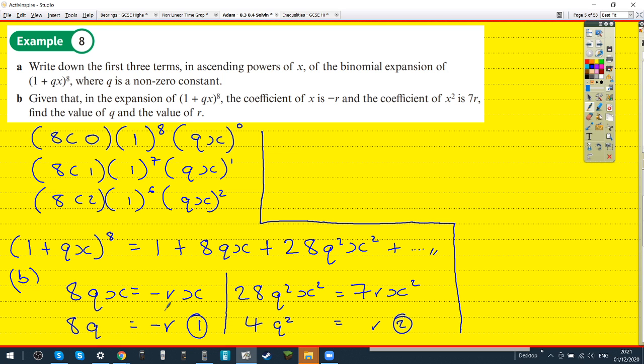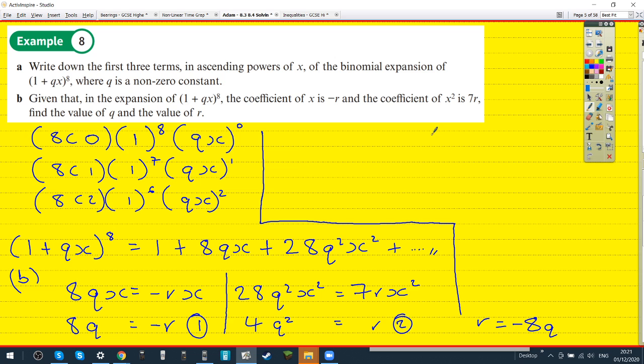Like, let's say times both sides by -1. So what would it be if it was r equals? R equals 8q to the -1. Just -8q.